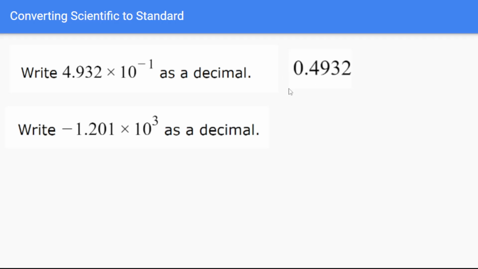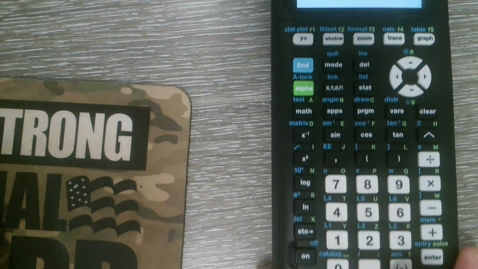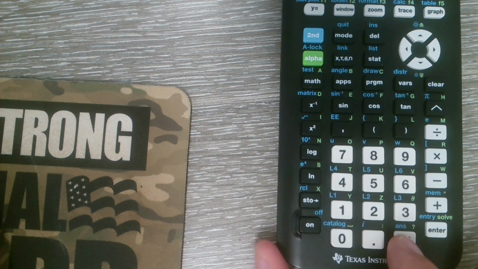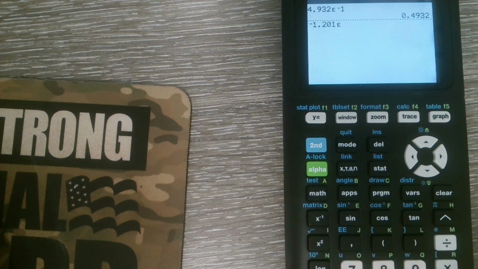So again, I can write 4.932 times 10 to the negative 1 as a decimal, and that's what you end up with. So let's do another one. Negative 1.201 times 10 to the third as a decimal. Remember, this is a negative number, so you have to start with a negative. 1.201 second double E. Our exponent is to the third power, so 3.